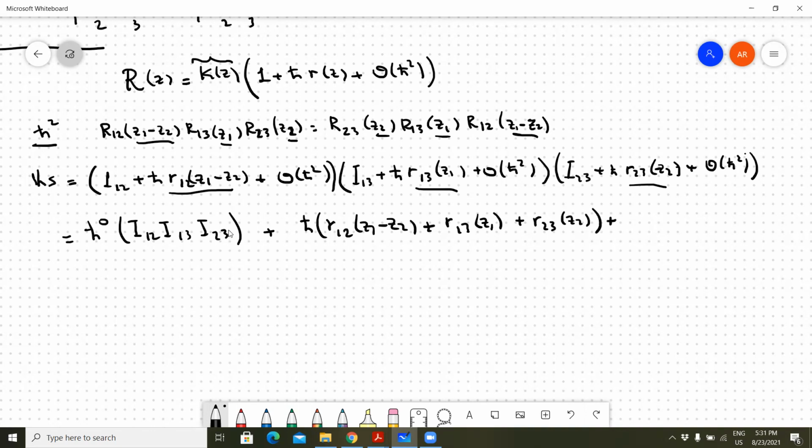Okay, now comes the order that we want. So we will have h bar squared when we multiply two of these r's, right? Like the h bar is only multiplying the r. So if you have these two, or these two, or these two, you can write these multiplying these, or these multiplying these.